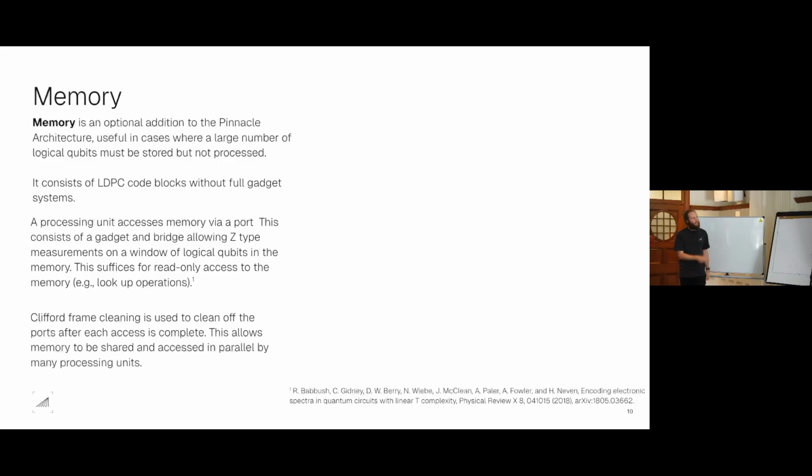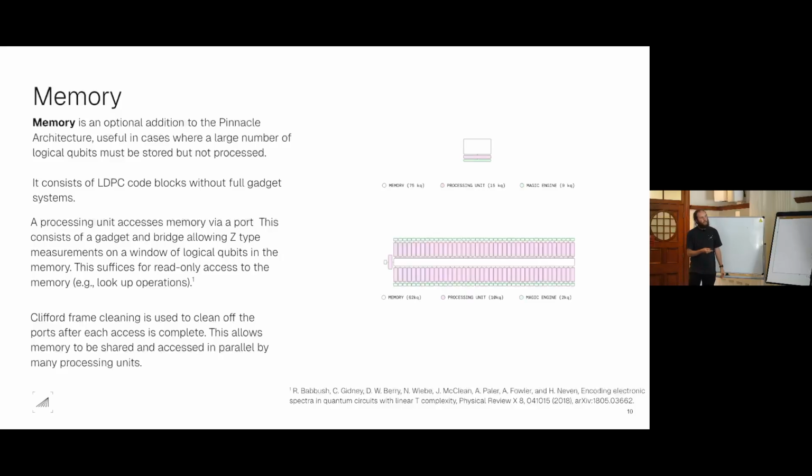So the idea then is that you've got the potential to have multiple processing units sharing a memory. Because we're able to have multiple ports accessing different windows of memory, all of these measurements that we're doing act as Z-type on the memory, so they all commute with each other when you have different processing units accessing via the port.